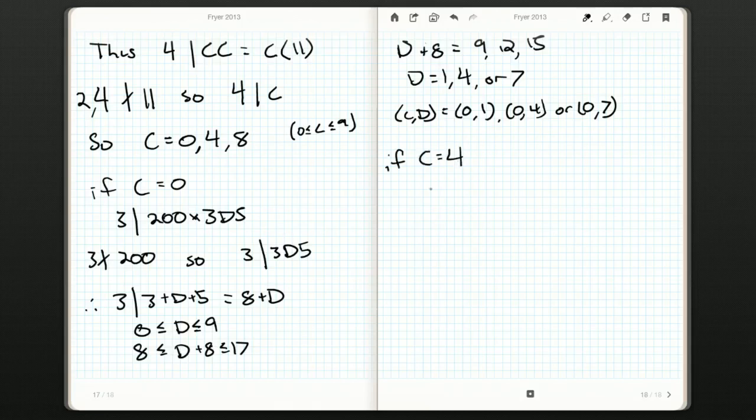If c is equal to 4, we have 244 times 3d5. Well, is 244 a multiple of 3 already? No. So, since 3 is prime, and it divides this product, and it doesn't divide this factor, it's got to divide this factor.